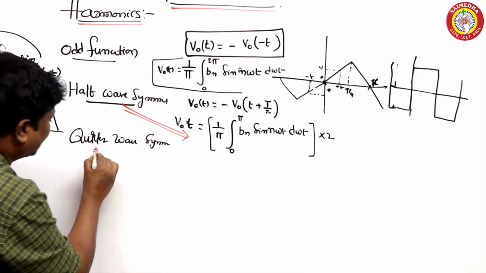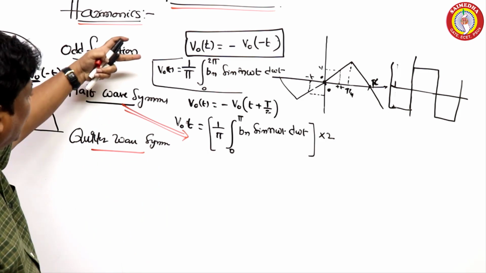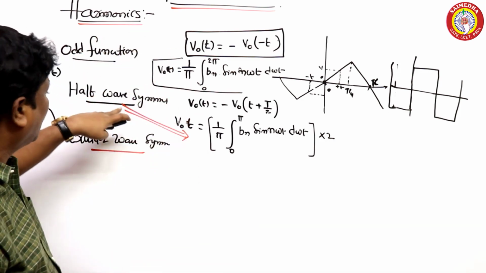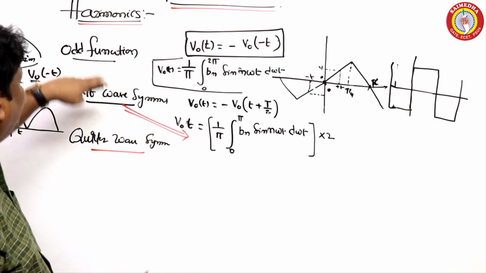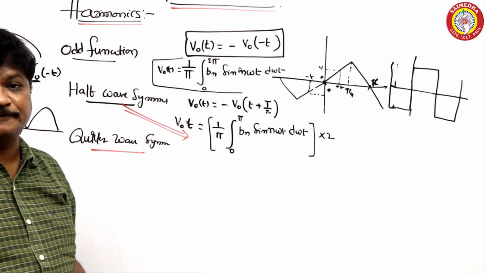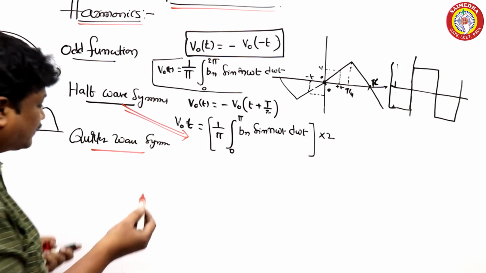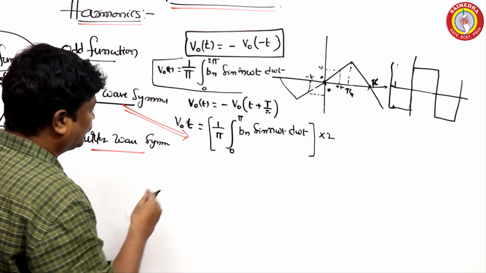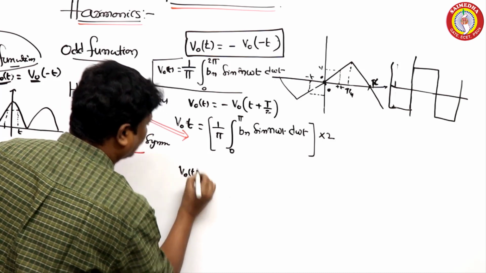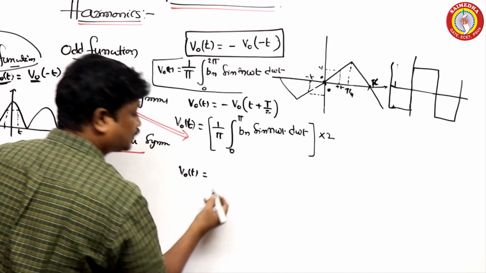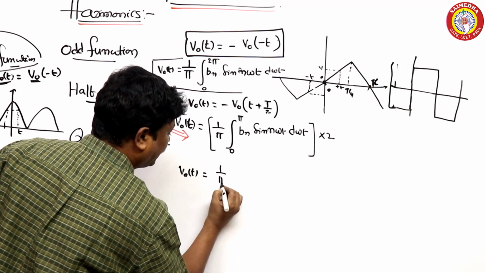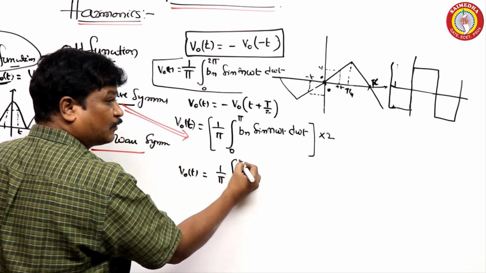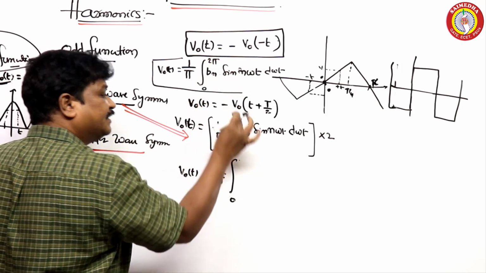Similarly, sir, what is quarter wave symmetry? If an odd function including half wave symmetry is satisfied, that becomes quarter wave symmetry. In the quarter wave symmetry, how do we calculate the output voltage V naught? V naught of t equals 1 by pi integral of 0 to, here this is 2 pi, this is pi.